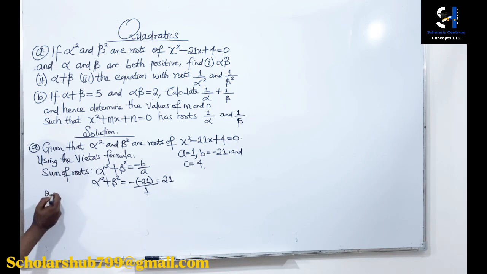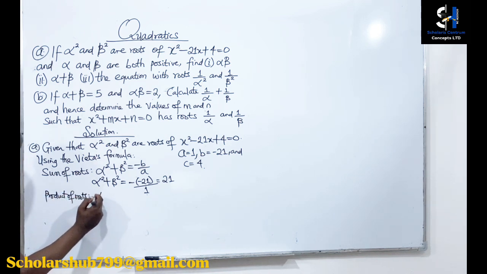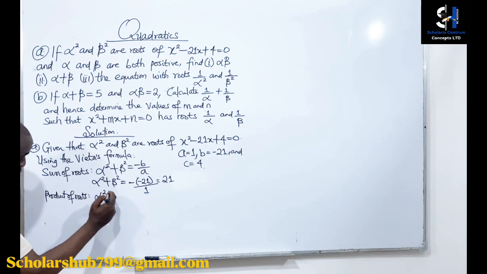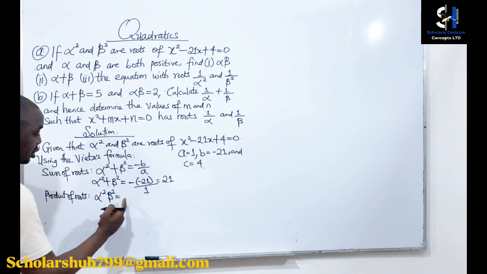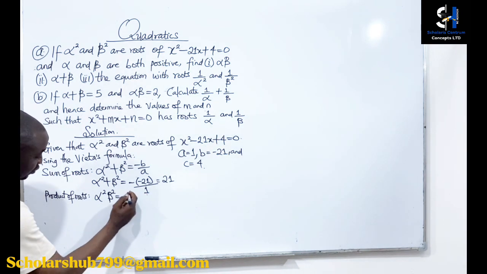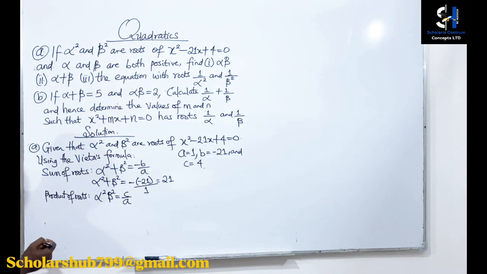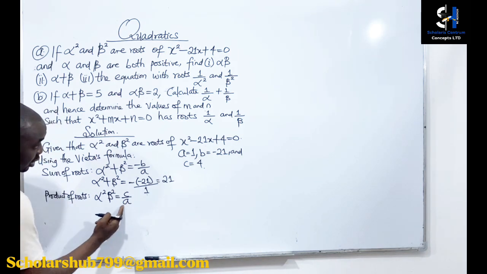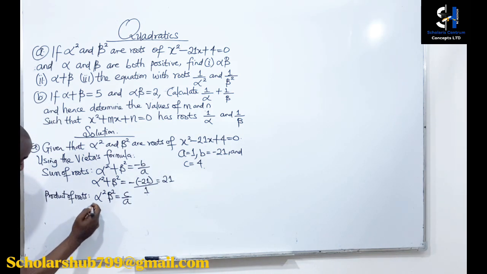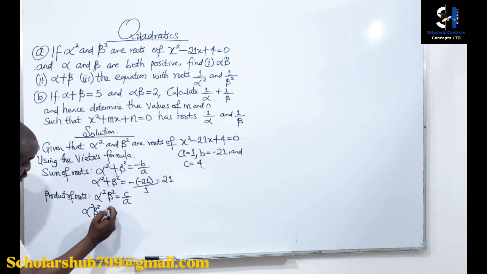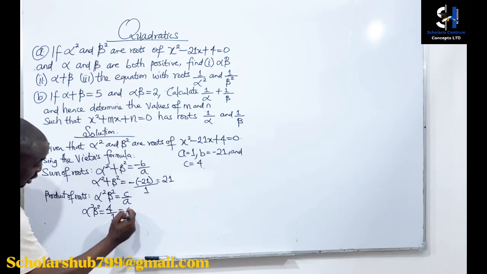Then the product of roots, alpha squared multiplied by beta squared, is c over a, where c is 4 and a is 1. So the product of roots equals 4 over 1, which is 4.